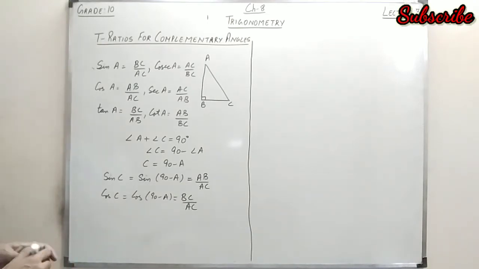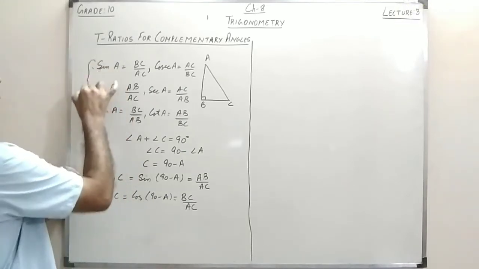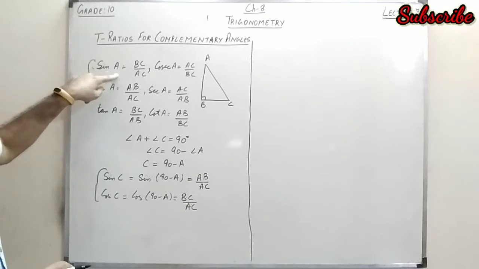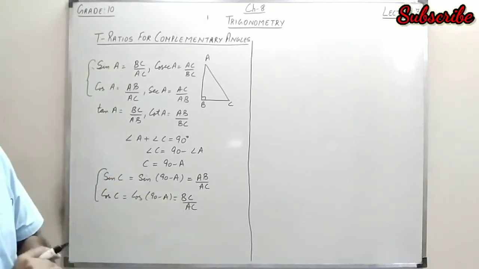Now, if I compare these two ratios with these two ratios, you can see here sine A is BC by AC, and here cos 90 minus A is BC by AC.